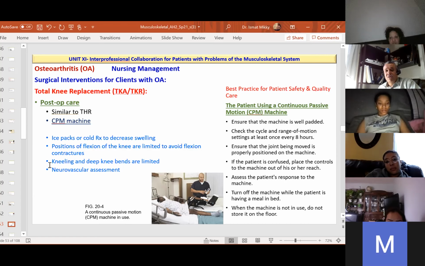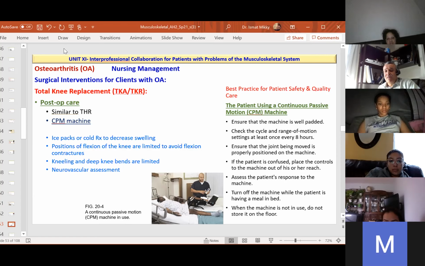So the most important thing about the CPM machine is on the right side of the slide, which is the tips or the best practice for patient safety and quality care when we use the CPM machine.